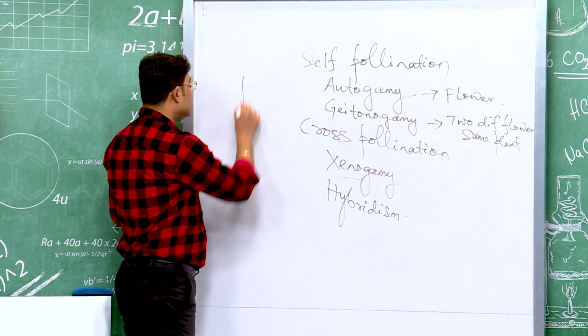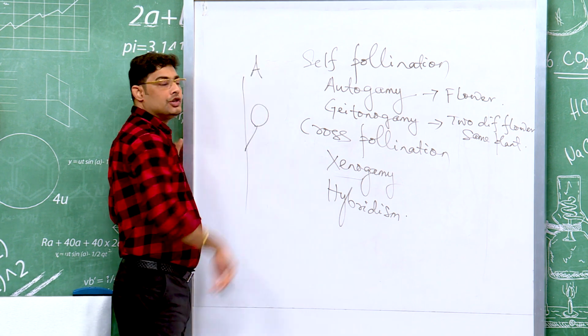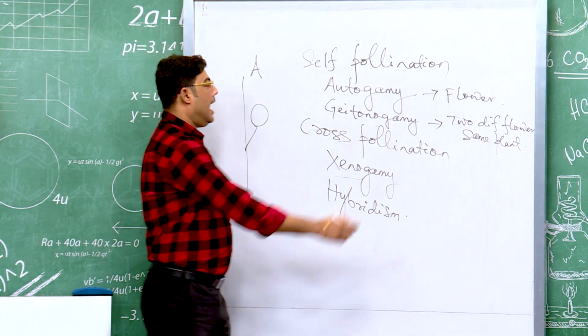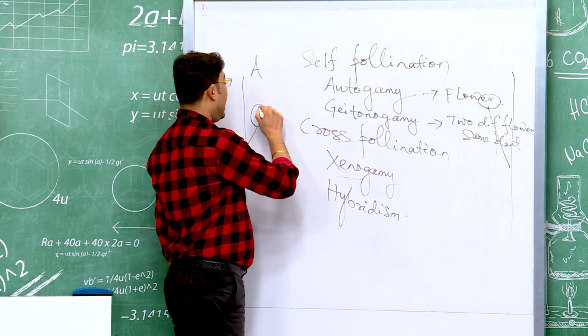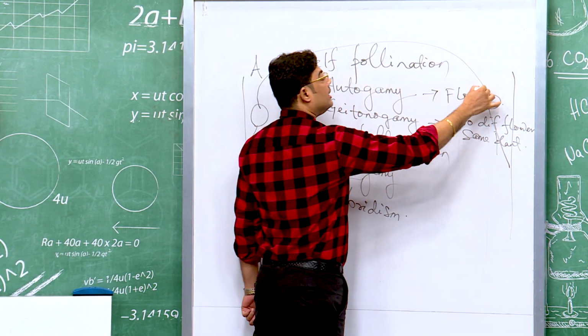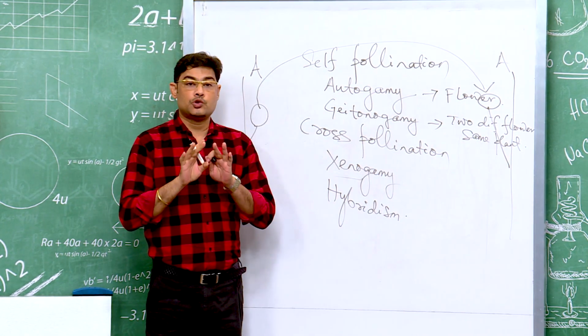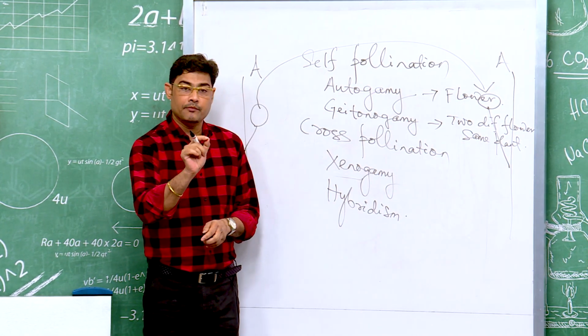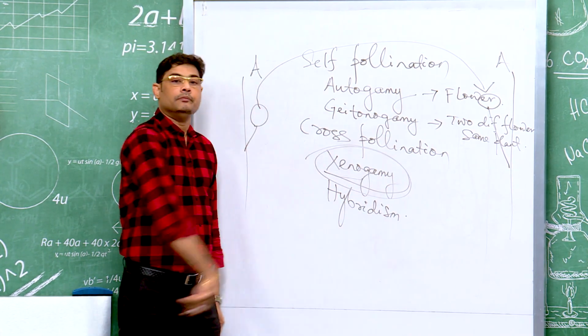Now, suppose here I have one plant that belongs to species A, and here I have the same type of individual, and the pollination takes place between two individuals belonging to the same species, two different individuals but same species, then that is called xenogamy.